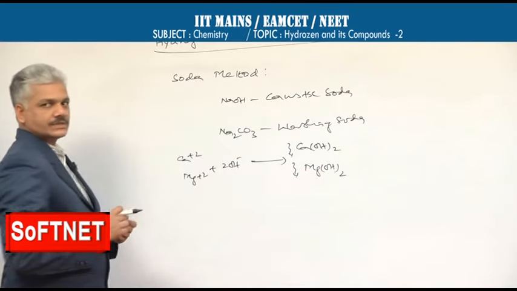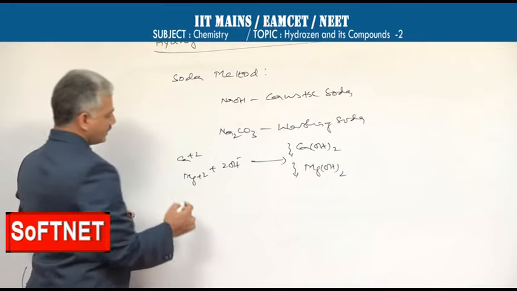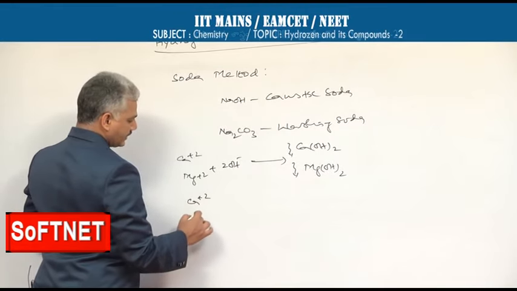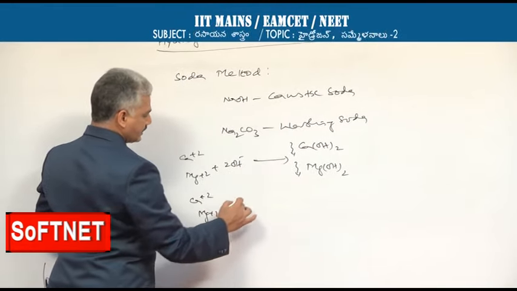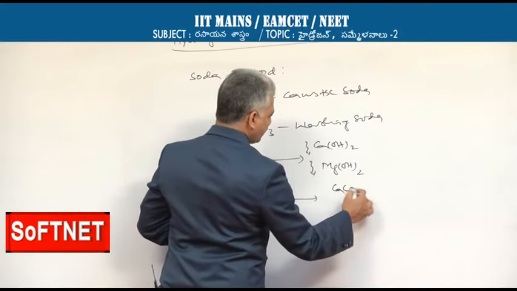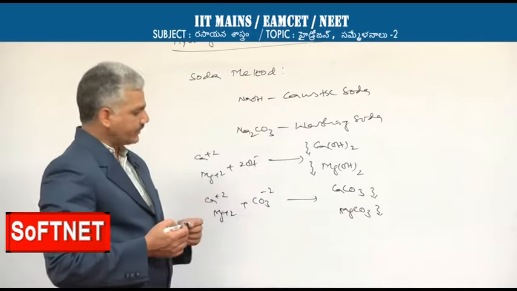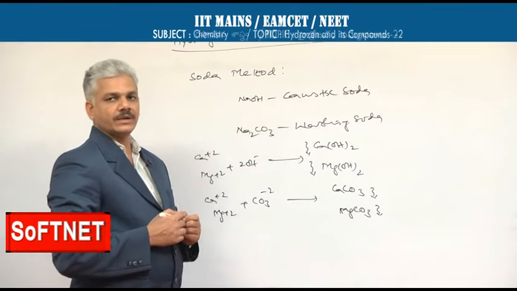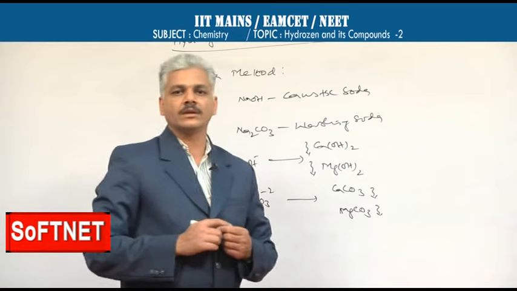Whereas when washing soda is added, the soluble calcium and magnesium ions are removed in the form of their insoluble carbonates. In this way, both temporary and permanent hardness of water can be removed.